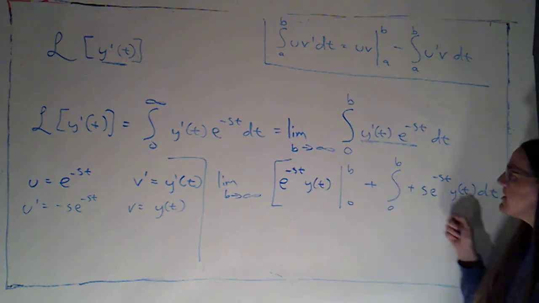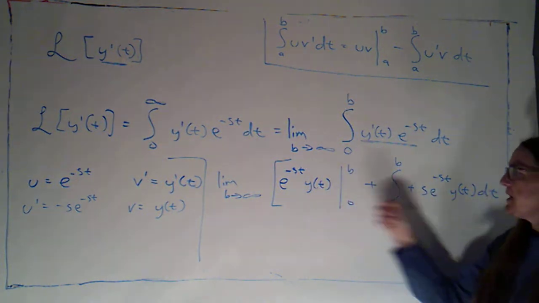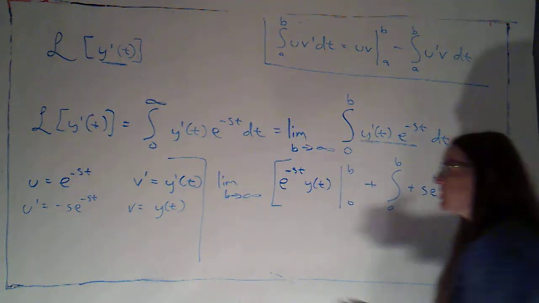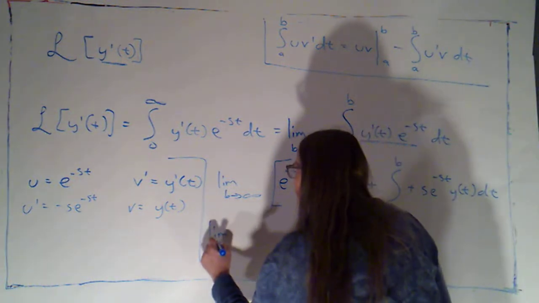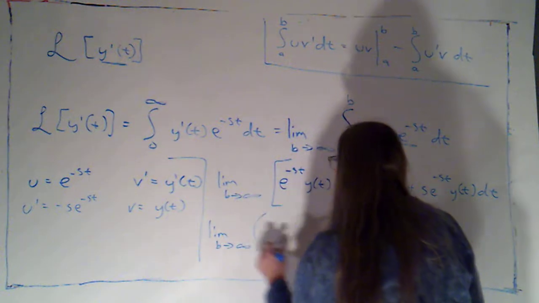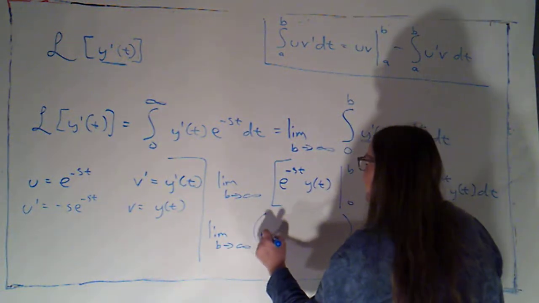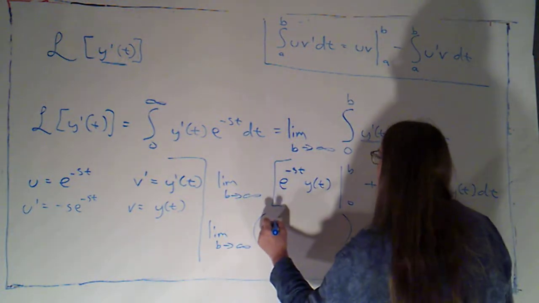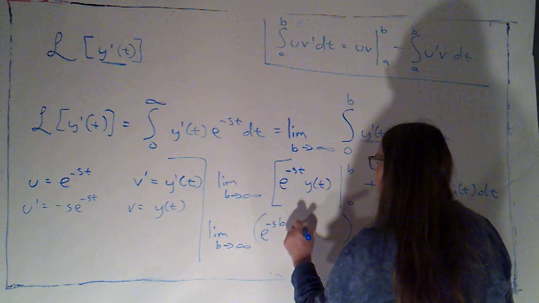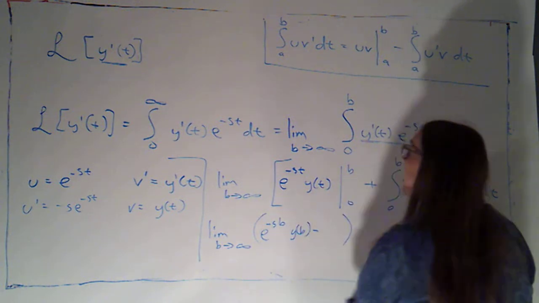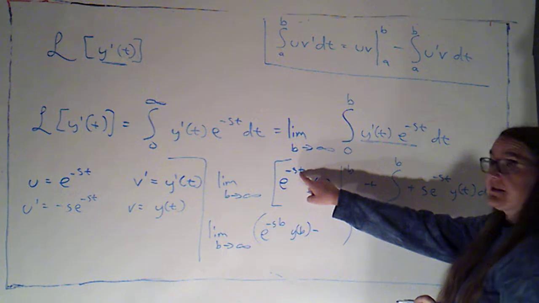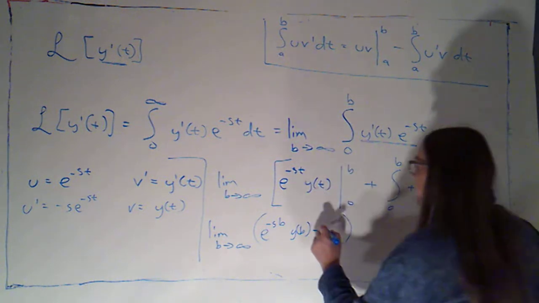Okay. All right, I'm going to just split up the limit into two pieces because limits distribute over addition. So this is going to give me the limit as b goes to infinity of e to the negative s times b times y of b minus e to the 0, which is just 1, times y of 0.